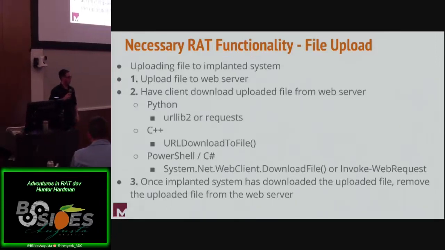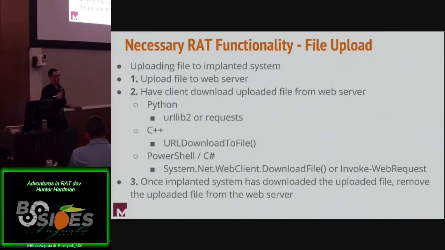This can be done in a couple of ways: urllib2 or the requests library in Python; C++ has the WinAPI URLDownloadToFile function; and PowerShell has the WebClient DownloadFile function, as well as Invoke-WebRequest. And obviously after it pulls down that file, you're going to want to delete it from the web server, because having files on the web server unnecessarily is bad.